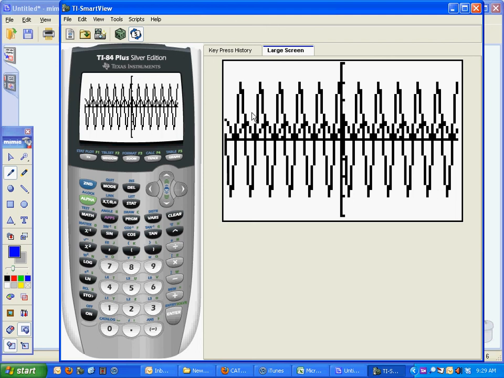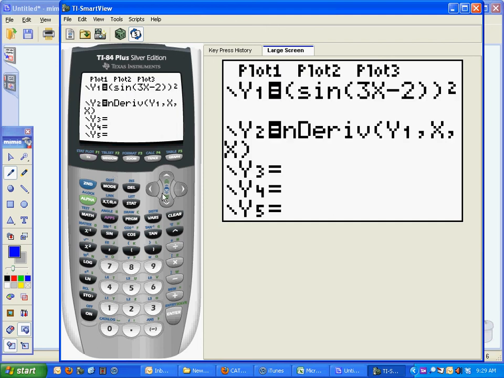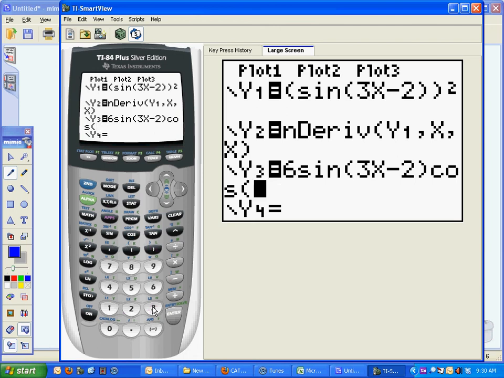This one that's got an amplitude of, it looks like about 3 or 4, that's the tall one, that's our derivative function. What we want the calculator to do is give us a good feeling that our answer, which was 6 times the sine of 3x minus 2 times the cosine of 3x minus 2, that is the same as this.